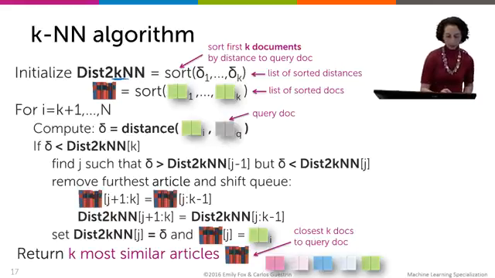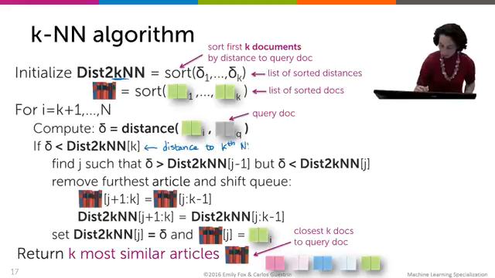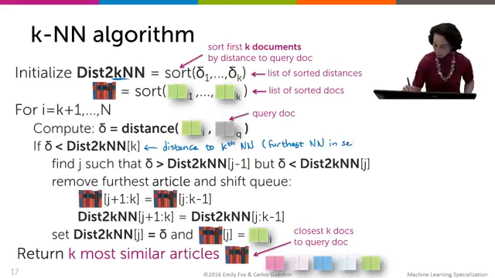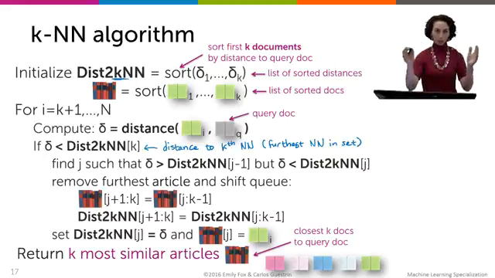And if that distance is less than the distance to our kth nearest neighbor, the furthest nearest neighbor in our set, then we search for the index where that distance falls into this sorted distance list.